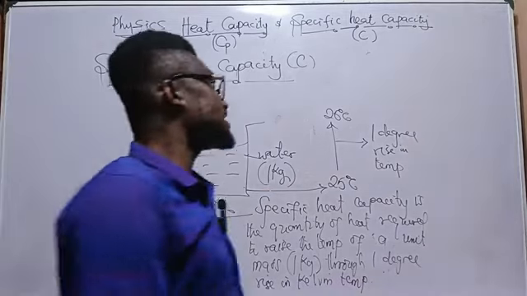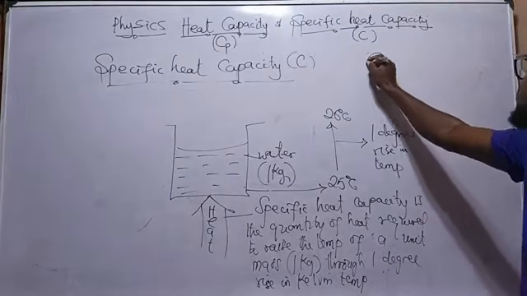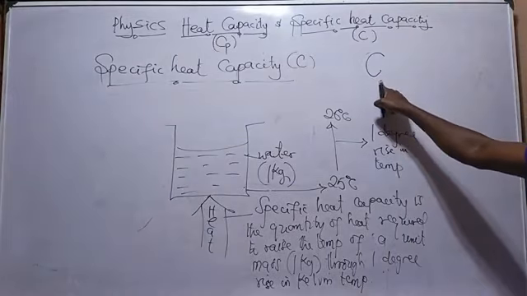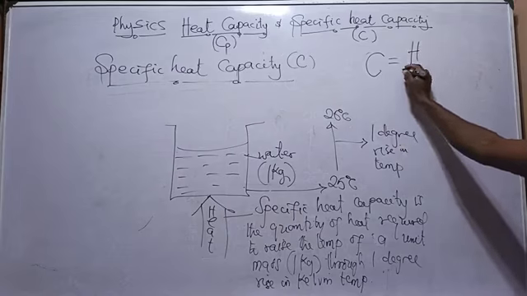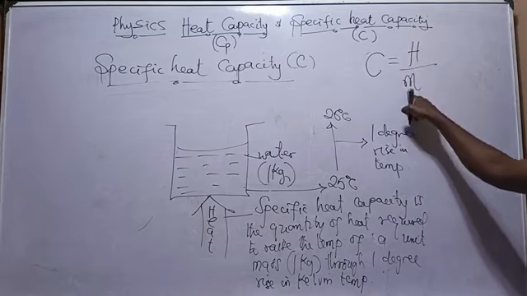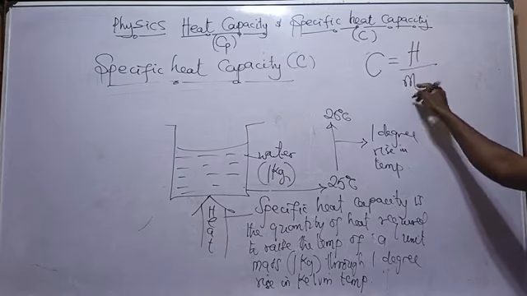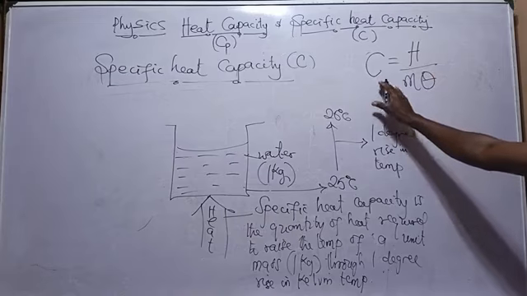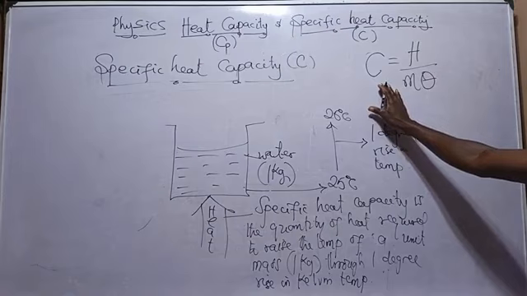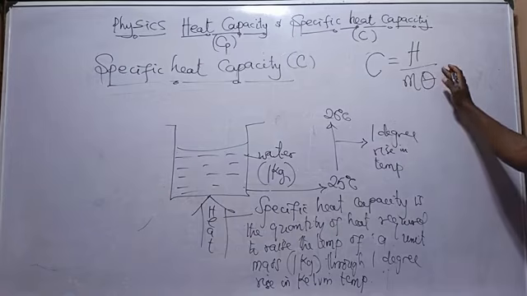Now, mathematically, we have the specific heat capacity as the quantity of heat required to raise a unit mass of that substance through 1 degree rise in temperature. So the unit of this specific heat capacity will now be derived from this quantity.